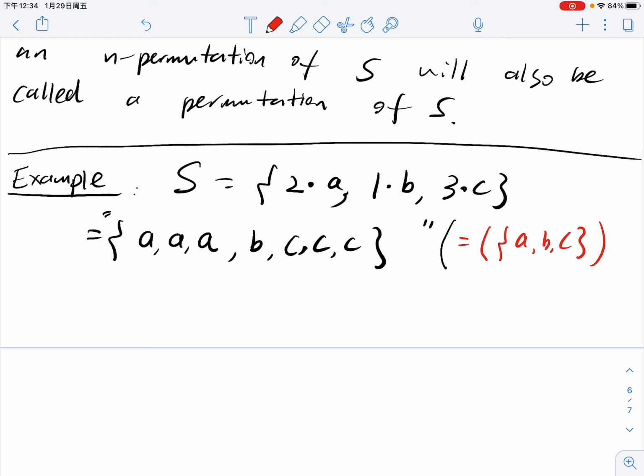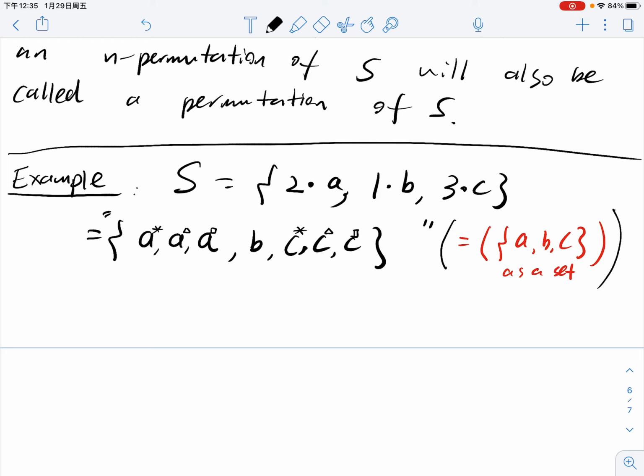That means you have 2 elements A, but maybe you can use subscripts to distinguish them: A star, A delta, B star, C star, C delta, C square, such that they don't collapse after you take the set.